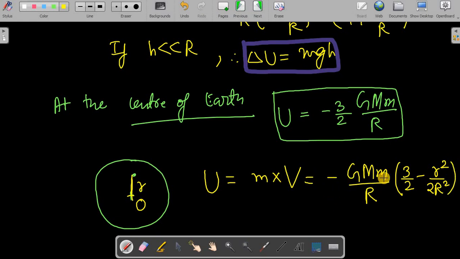Only m is getting multiplied here. Just like potential due to a solid sphere changes, the same way potential energy due to a solid sphere changes. So minimum potential energy is at the center. You put a small r0 here, you will be getting this. This is with respect to the earth.